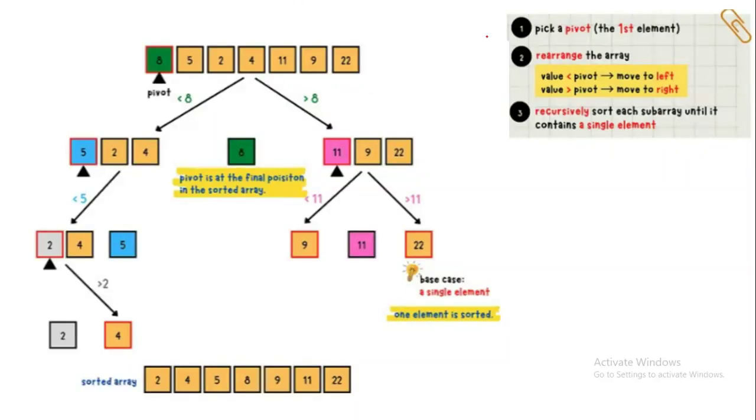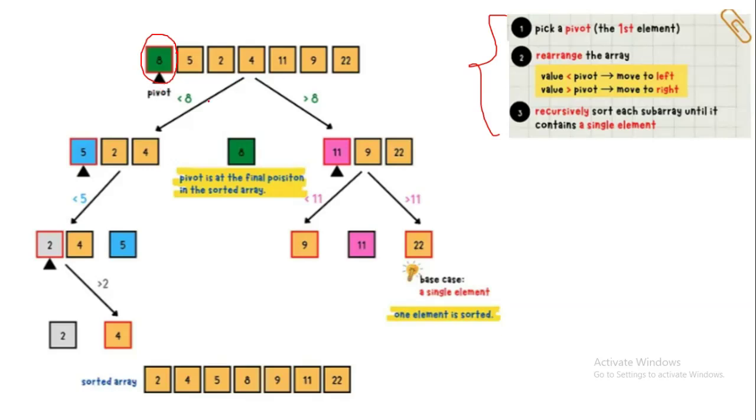Over here we have already seen these three steps. So how are we going to apply these three steps for this input? If the input is 8, 5, 2, 4, 11, 9, 22, the first element is picked as the pivot element. With respect to this element only, we are going to partition the given array.